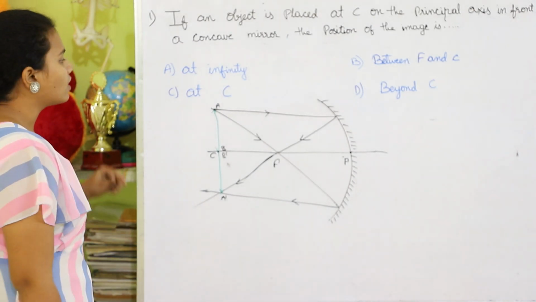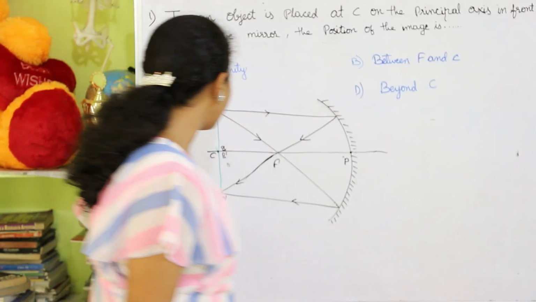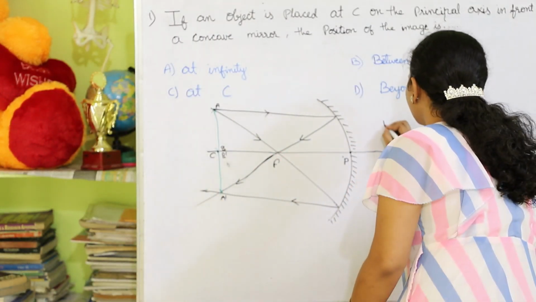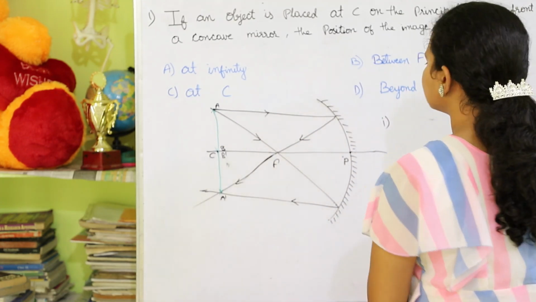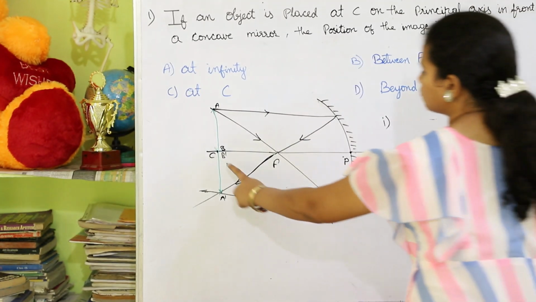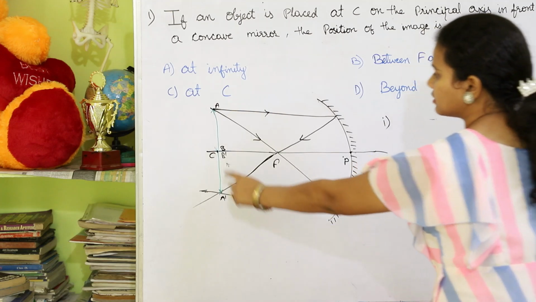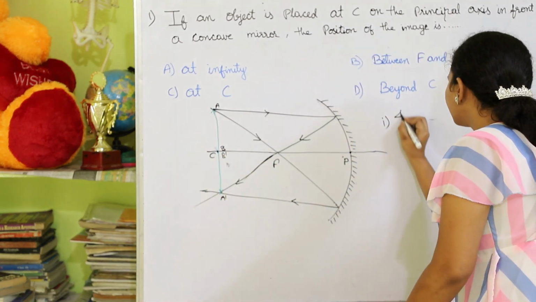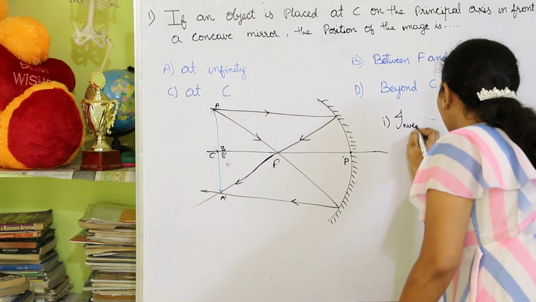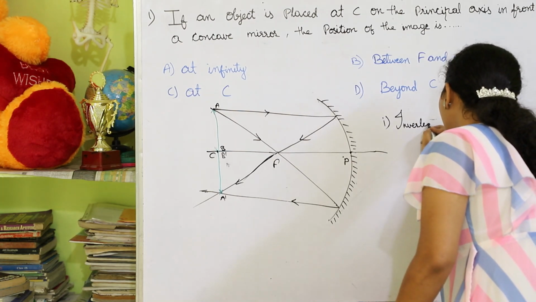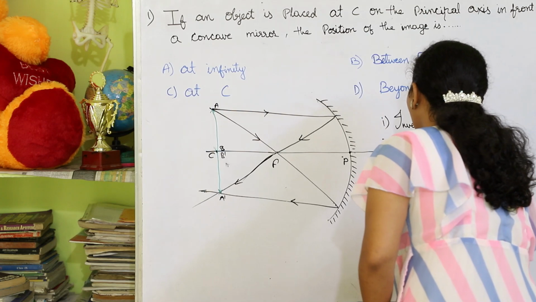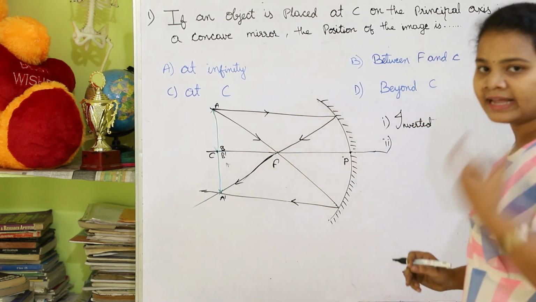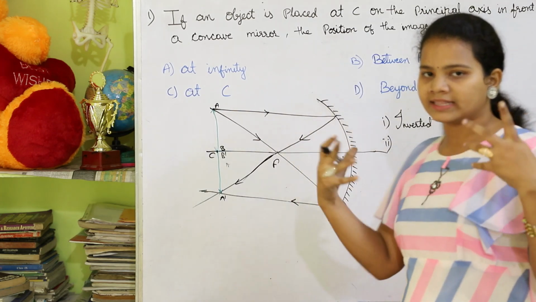Clear? And what are the properties of this image? The first one: this image is formed inverted, right? So this is the object and this is the image. The image is formed inverted. And the second one: if it is inverted, then it is real; real and inverted always come together.